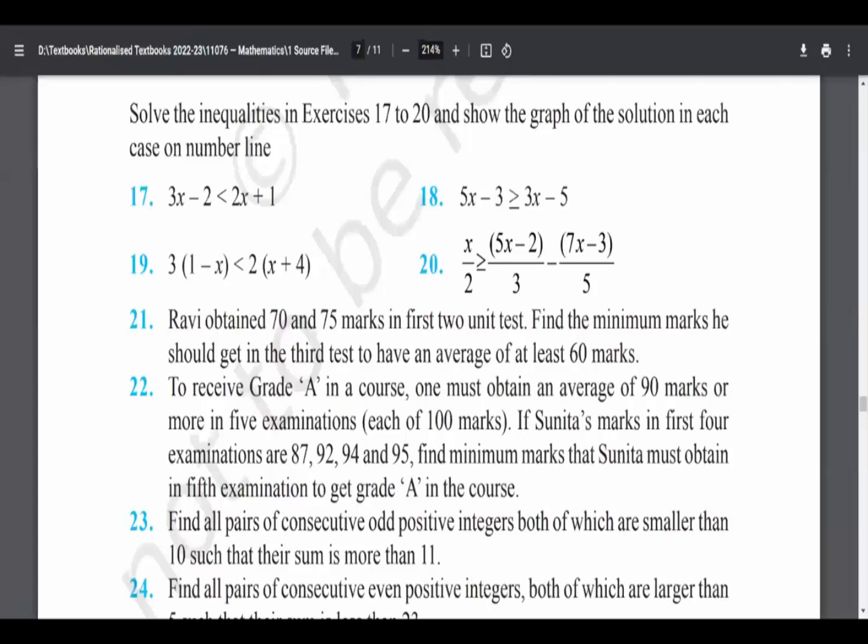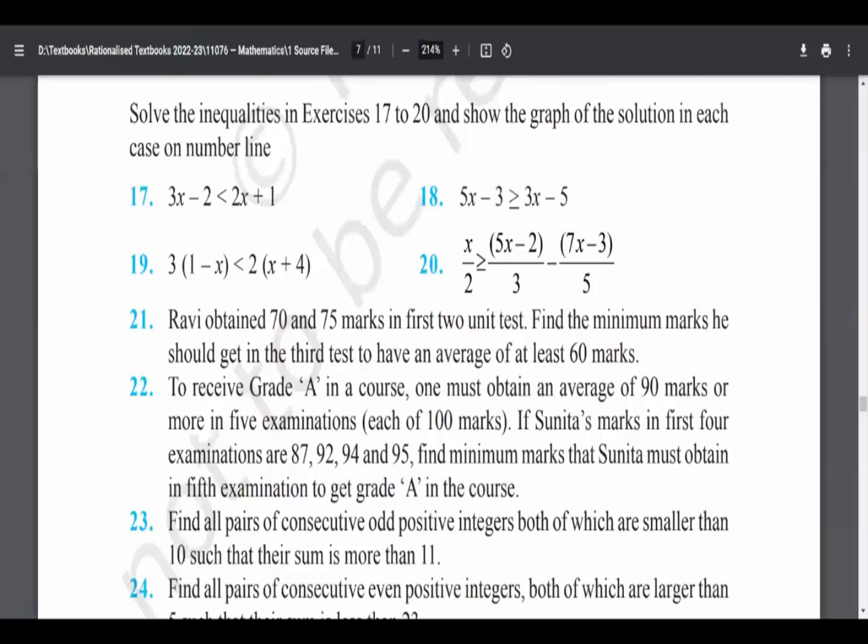Now we have to cross multiply. Bring this 15 here, bring this 2 here, and you will get 15x is greater than or equal to 8x minus 2. Subtract 8x on both sides to get 7x is greater than or equal to minus 2, divide by 7 to get x is greater than or equal to minus 2 by 7.